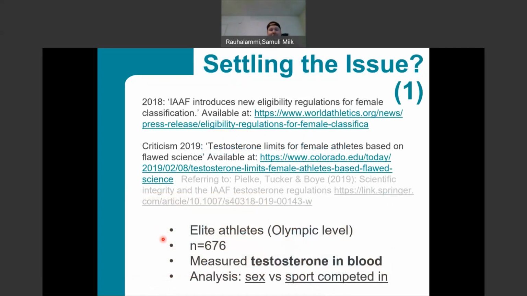So in this study, they looked at about almost 700 elite athletes, so athletes who were competing on the Olympic level, and measured their testosterone levels in the blood and compared individuals' testosterone level against their sex and the specific sport that they competed in.